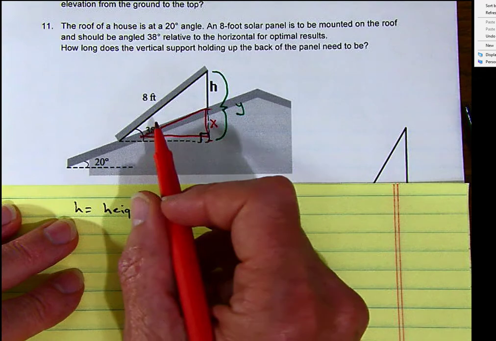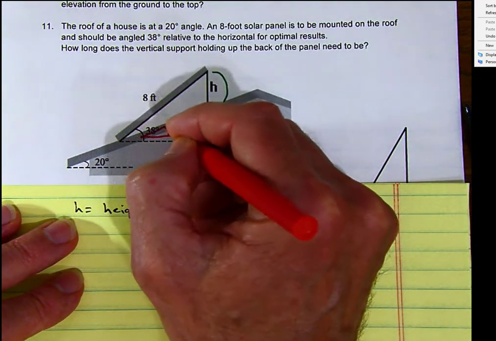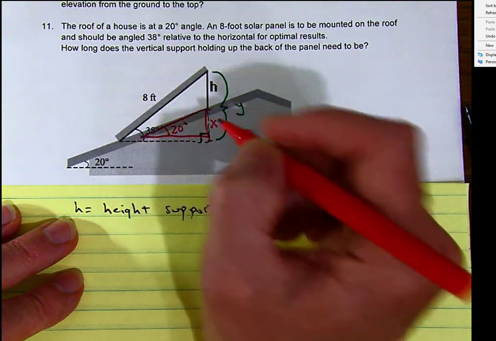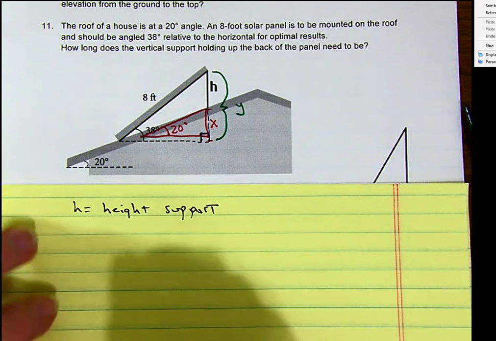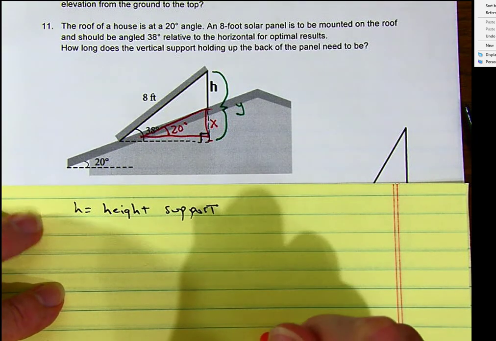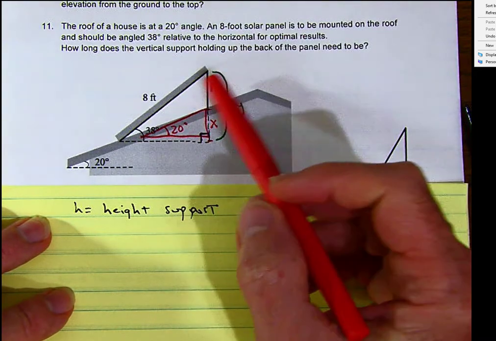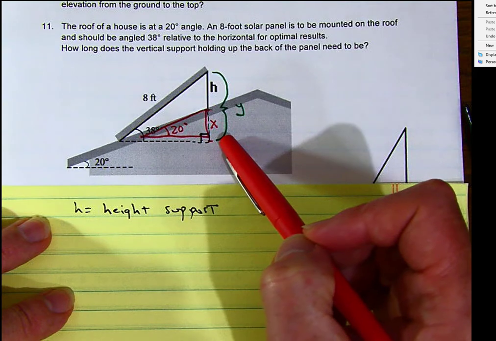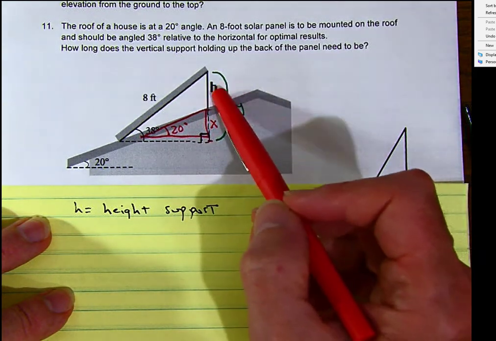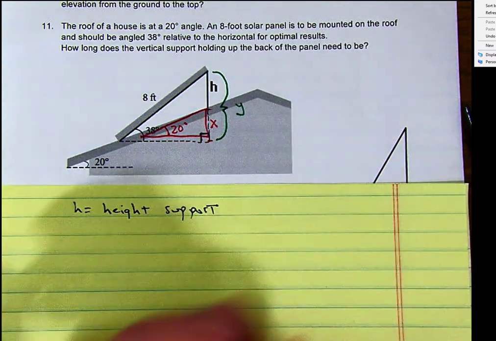Also, these are parallel lines cut by a transversal here, so this has to be 20 degrees. So we got plenty of information here if we can just figure out a plan. And our plan, if we solve the red triangle, we'll get x. If we solve for y on the big triangle, we can get that, and then we can subtract x and y, and we'll have h. So there's a 3-step plan right there.